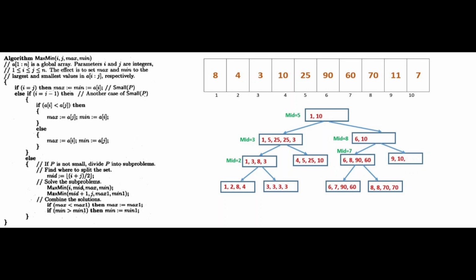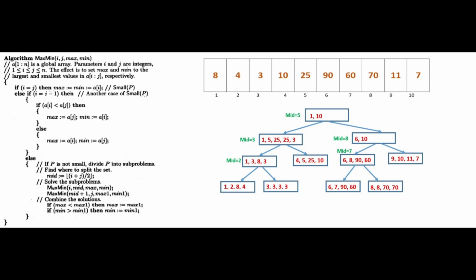Assign 11 to max 1 and 7 to min 1. So i is 9, j is 10, max 1 is 11, min 1 is 7. The algorithm completes its execution and does not go to the last else block.